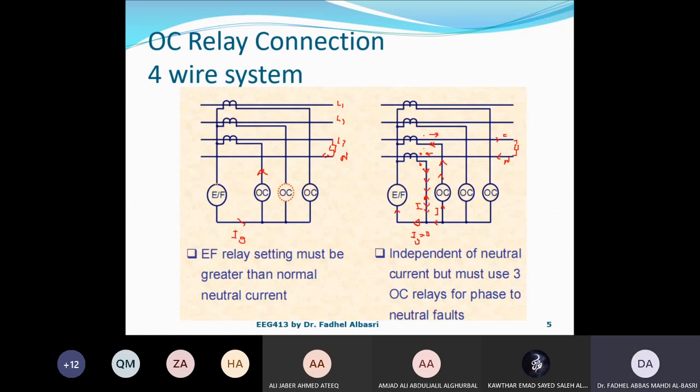So I have to make sure that the setting of this is higher than the normal maximum neutral current. While in this case, I don't have to do this. I can even go much below normal. So this is more sensitive. The sensitivity of this is much better than this.